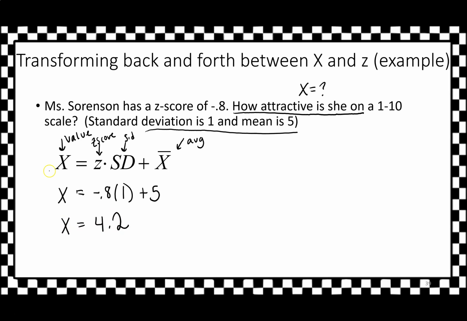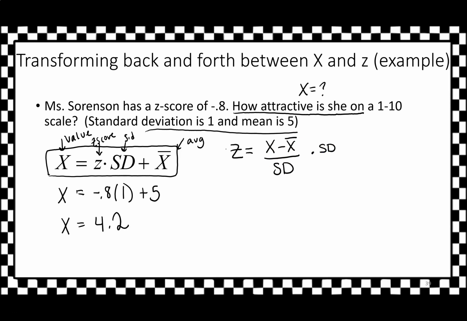Now, you are absolutely welcome to memorize this formula. However, you don't actually need to memorize it because we can derive it from the equation that I just gave you. So let's go back to that equation, z equals x minus x bar over SD. I'm going to multiply by standard deviation on both sides. This is going to cancel, and I'm left with z times SD.